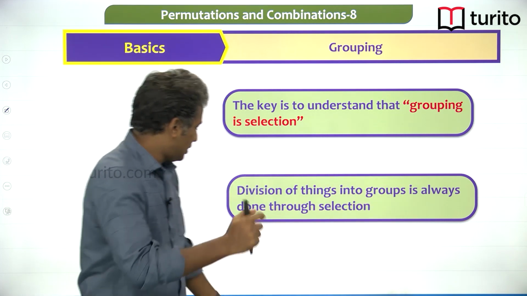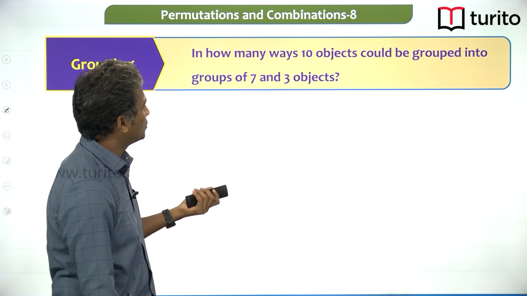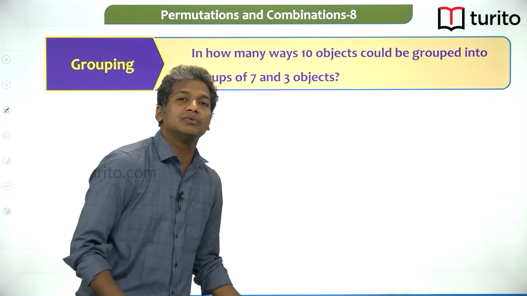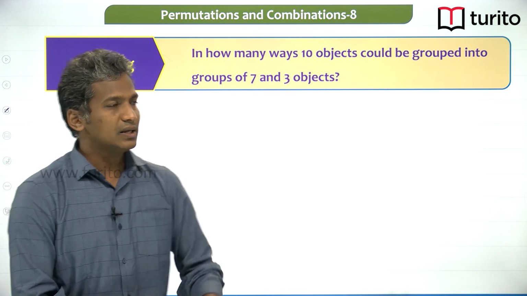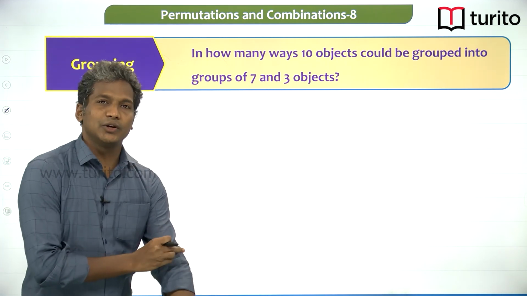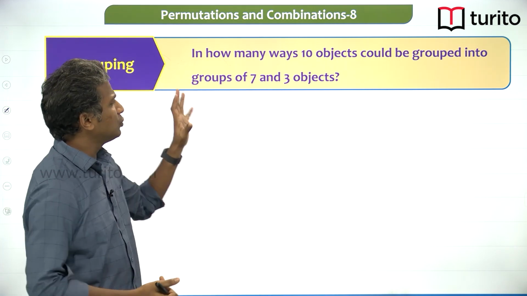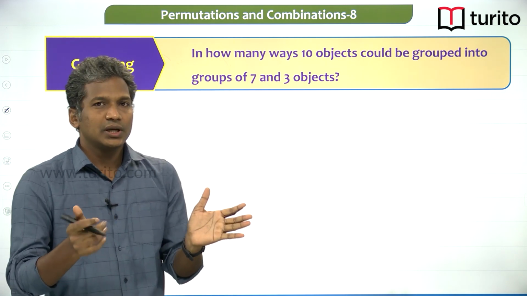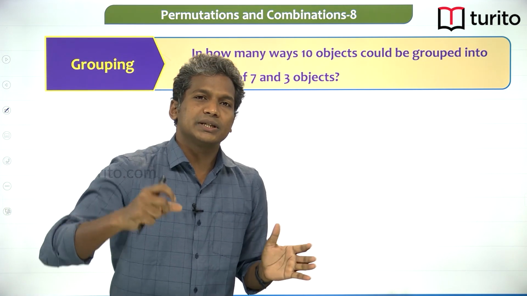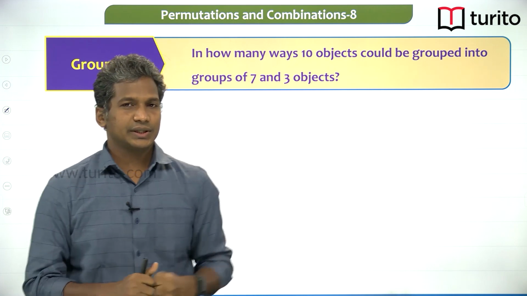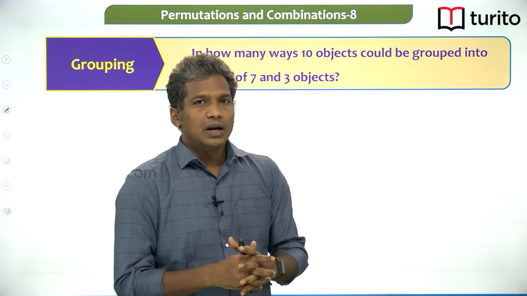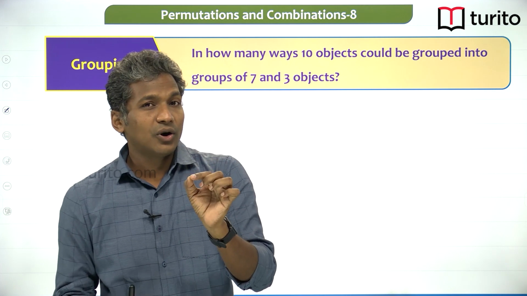Okay. So, now let me apply this idea on one or two illustrations and see how the process looks. Suppose let us say there are 10 objects and we want to group these 10 objects into two groups. One group is having 7 objects, other group is having 3 objects. So, how do we do that? Now, language is very important in this chapter.